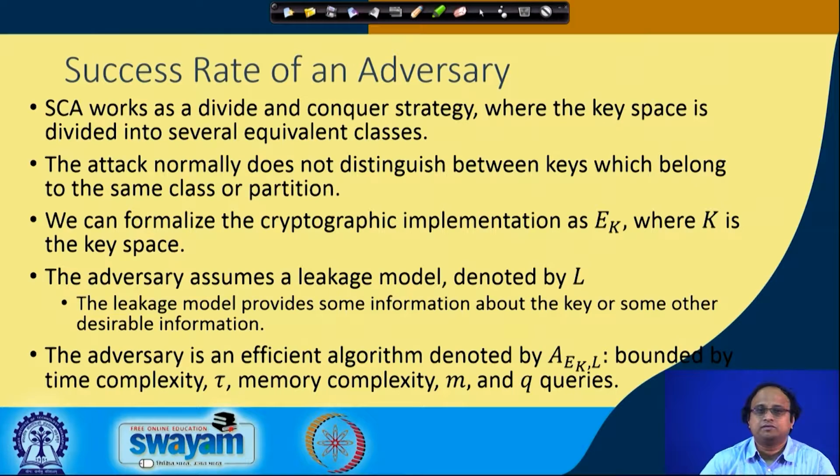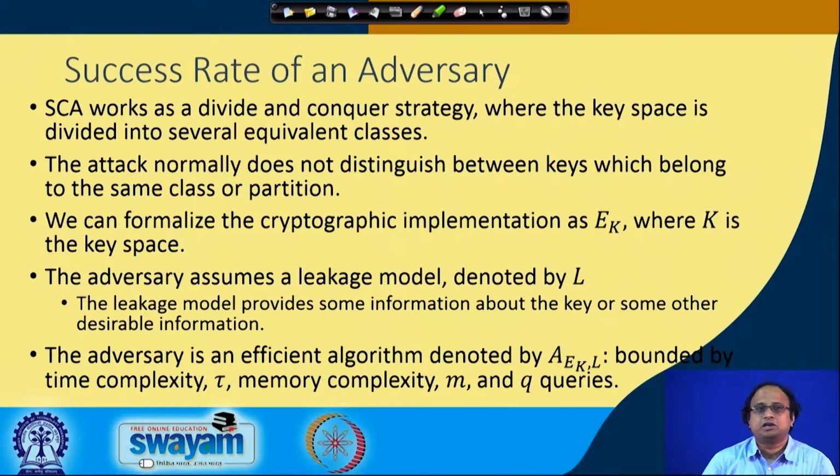For example, if we are using Hamming weight as a power model or a leakage model, then we take a key and map it into a given Hamming class. Suppose you are using 8 bits, then the Hamming class could be 0, 1, 2, 3, 4, and so on till 8.